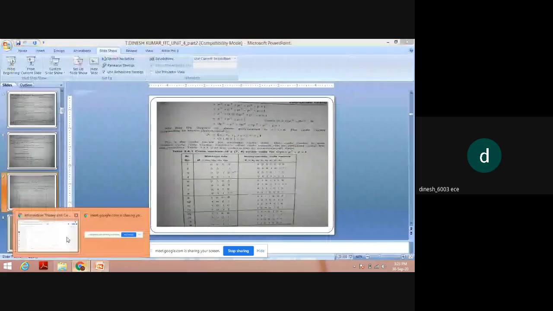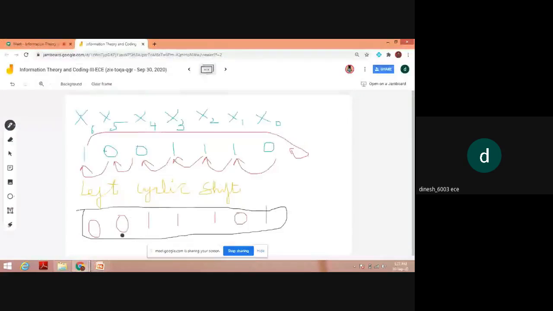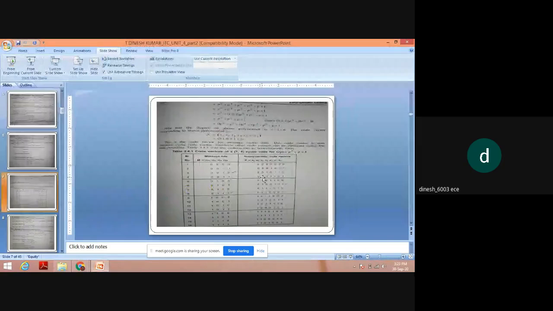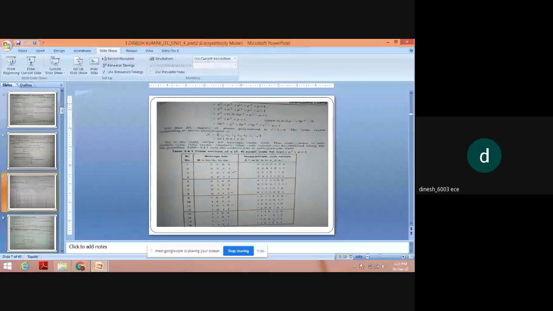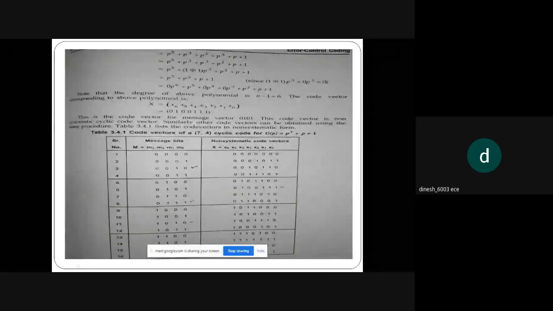So I'll keep a remembrance: 0011101. See the fourth one, serial number 4. The fourth one is a non-systematic code vector of 0011101.